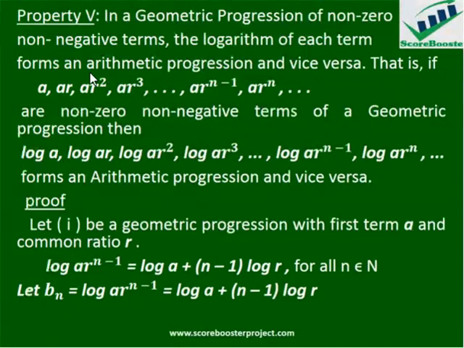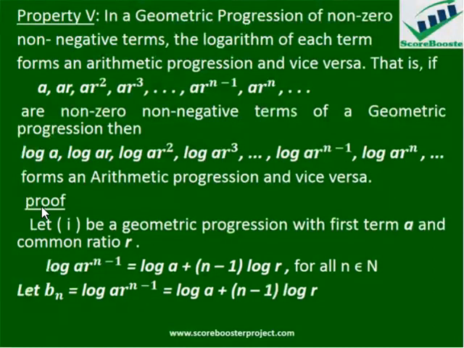That is, if a, ar, ar squared, the terms of a geometric progression, are non-zero, non-negative terms, then log a, that is the logarithm of each of these terms, will form an arithmetic progression.